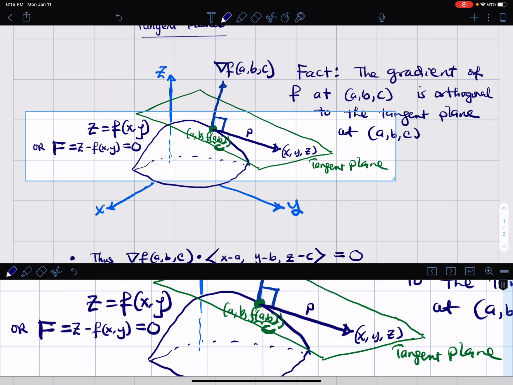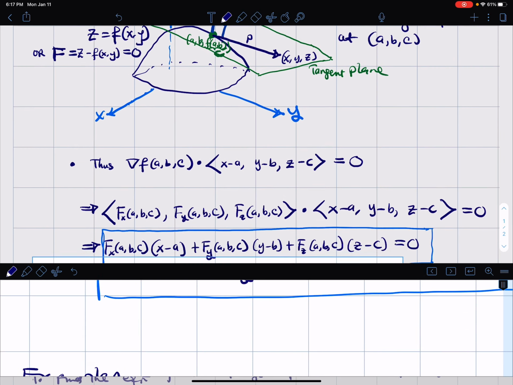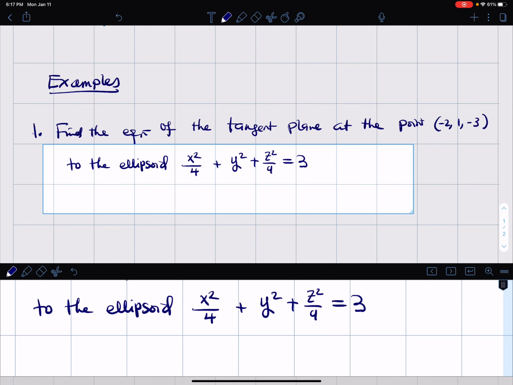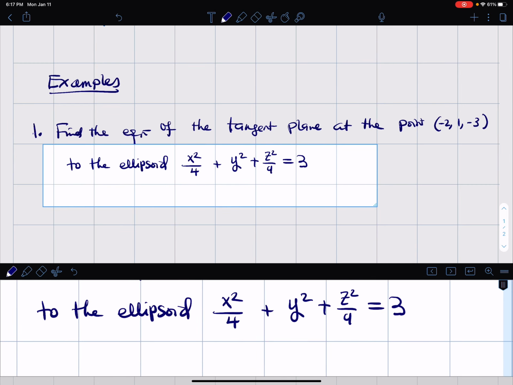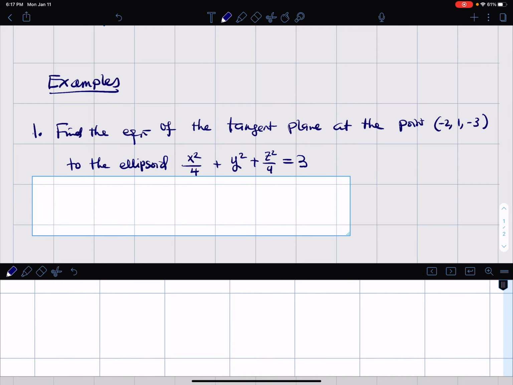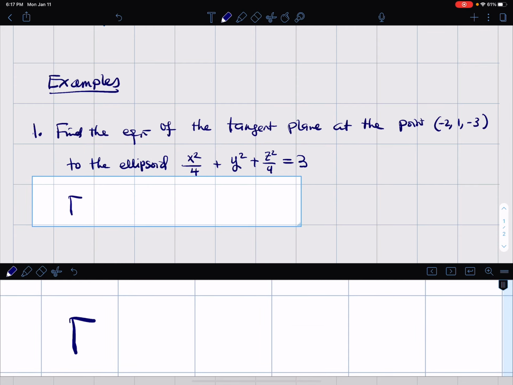It could just be a quadric surface, for instance, like an ellipsoid is not a function, right? So in this example, we're not dealing with a function, even though we can always create a function out of an ellipsoid. So in this case, let's start by describing what our capital F is.